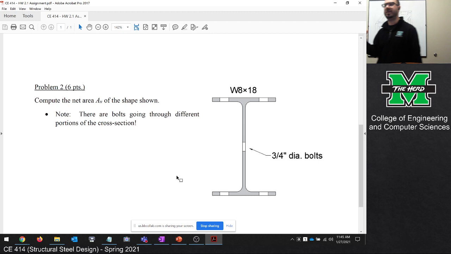In the problem we just did, there were only bolts through the flange. That's not the case with this one. So you have to think about what values you're going to use. I don't think this is a terribly challenging assignment, but I'm just trying to make sure that I'm being holistic in my coverage. Any questions?